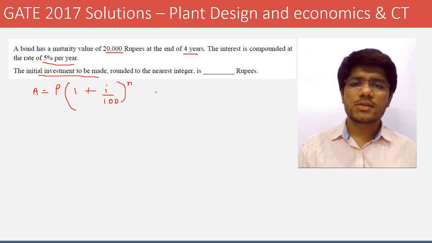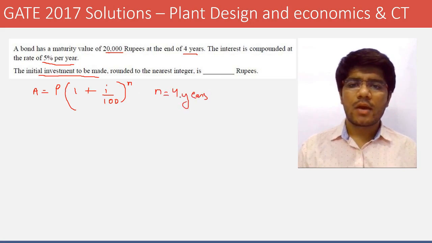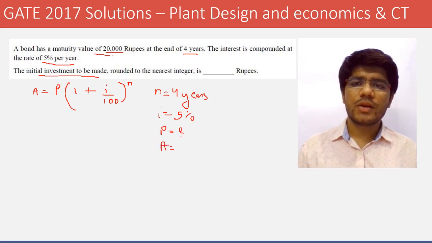Here n is given as 4 years, and I, or R as some people write it, is 5%. Now P we need to find, and the amount is given as the maturity value of 20,000.